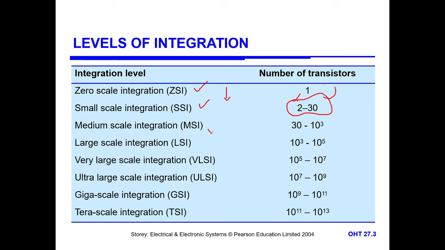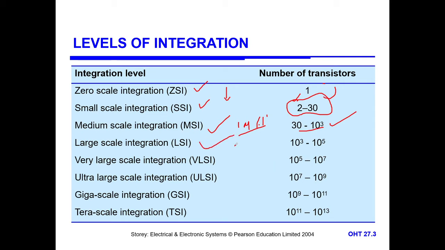Now we came across medium scale integration, in short MSI, in the 1960s. In this we had a further reduction in the size of the transistor, so that we could integrate more transistors on the same area.